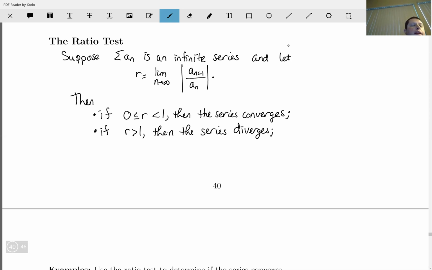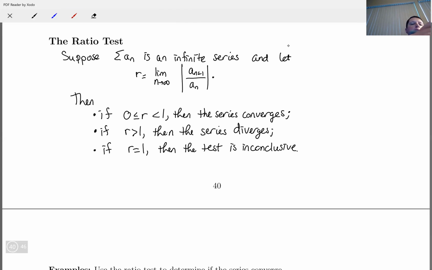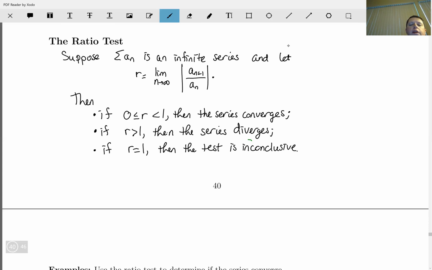And last but not least, if that number R is equal to 1, then the test is inconclusive, which means we don't know anything using that test, and we have to use another test. So in this case, if it's inconclusive, we would need to apply another test.